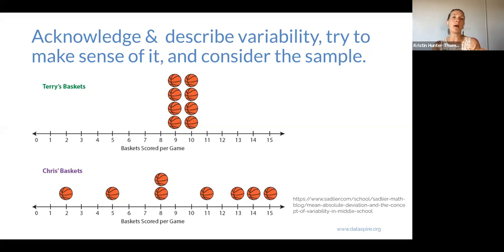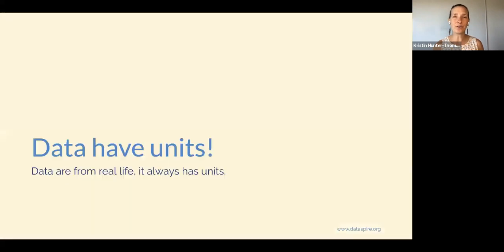So rather than just making blanket generalizations from Terry and Chris's baskets that they threw at a hoop in one game or 5 minutes of that game, maybe we want the whole game, or maybe we want more than 2 players, or maybe we want to look across players of different abilities, or maybe not. Maybe we're only interested in comparing Terry and Chris in that one individual basketball game. And that's fine, but that's where our question must be. Our data needs to be tied to the question. We'll come back to that a little bit more as we go forward.